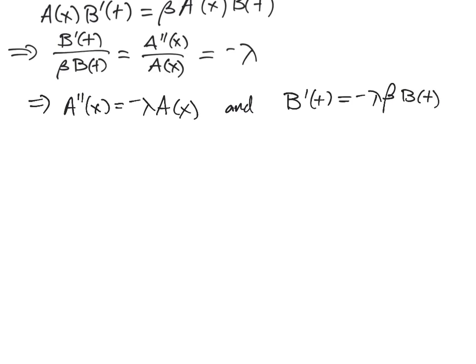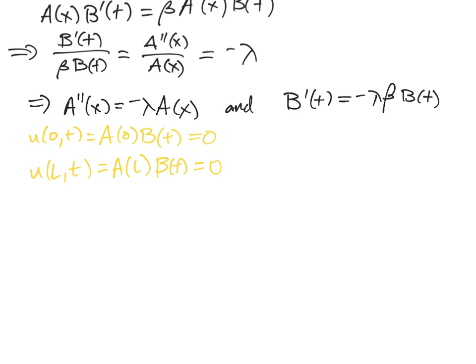Now let's think about our boundary conditions on x. We have u of 0,t equals a of 0 times b of t equals 0, and for our other endpoint L, u of L,t is going to equal a of L times b of t equals 0.